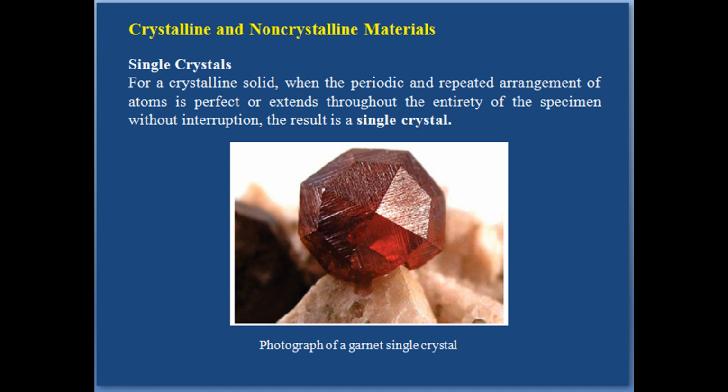Once again, we will go through the concept of single crystals. For a crystalline solid, when the periodic and repeated arrangement of atoms is perfect or extends throughout the entirety of the specimen without interruption, the result is a single crystal. All unit cells interlock in the same way and have the same orientation. Single crystals exist in nature, but they may also be produced artificially. They are ordinarily difficult to grow because the environment must be carefully controlled.